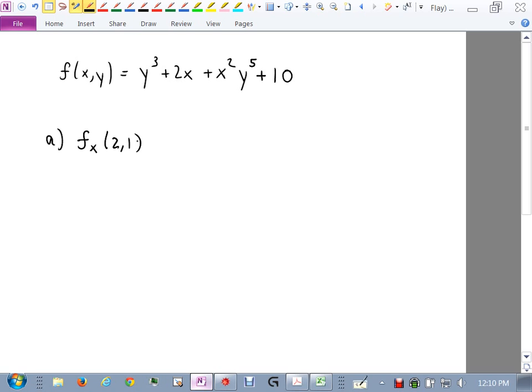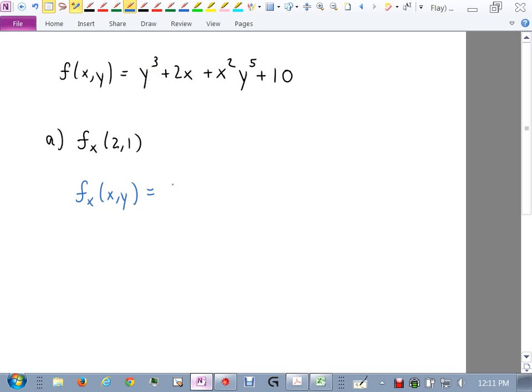All right. So to do this, I first just need to take the partial. Right? I can't plug 2, 1 in yet. If I plug 2, 1 in, I'm holding everything constant. So if I'm going to treat my y's like they're numbers, just like they're numbers, what's the derivative of a number cubed? 0.